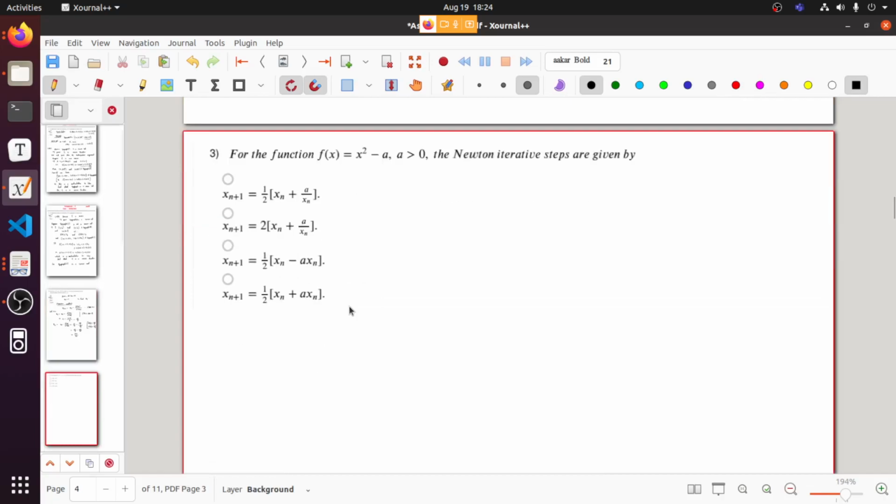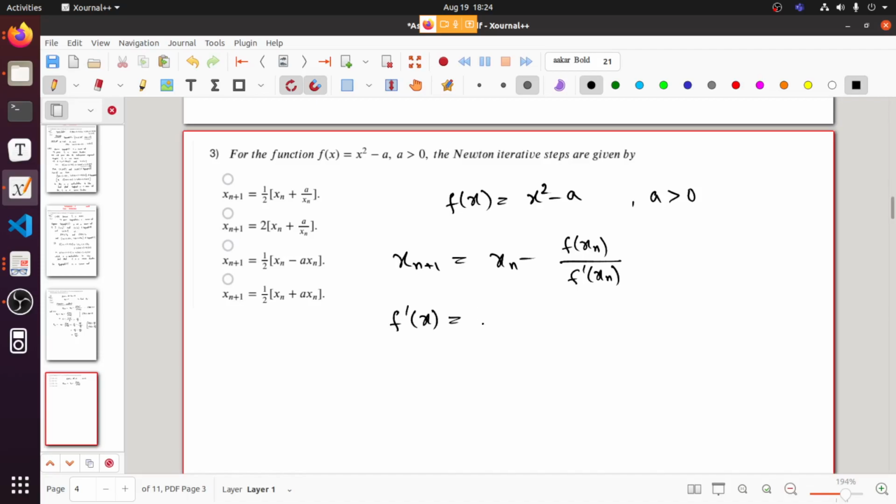This is similar; here only the function changes. Here the function is x square minus a, such that a is greater than 0. You have to find the general Newton's iterative step for this function. We know the formula: x n plus 1 is xn minus f of xn by f dash xn, right? So you have to find the derivative of f.